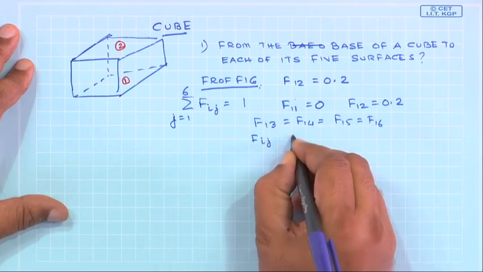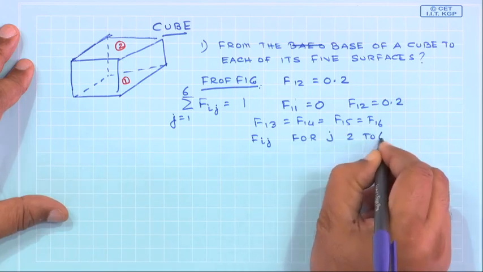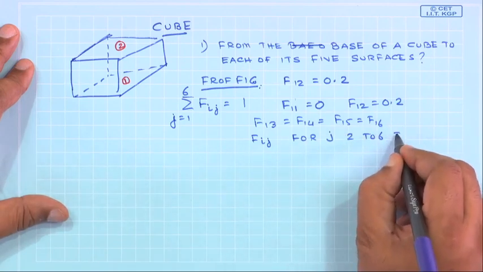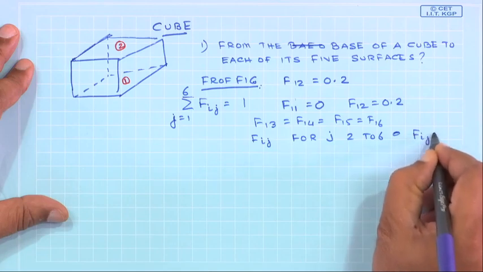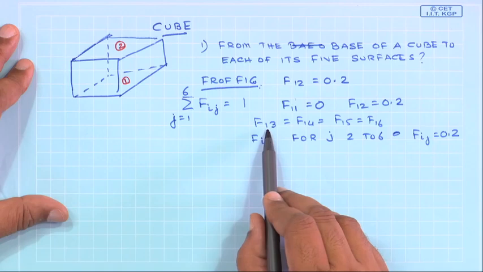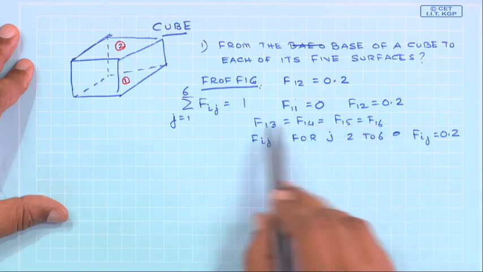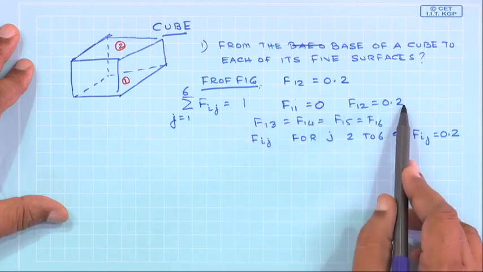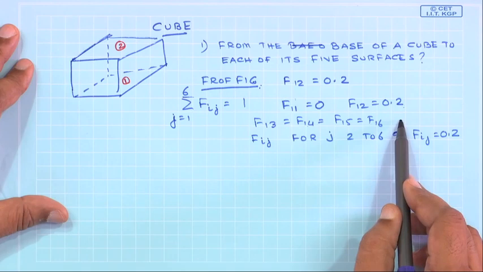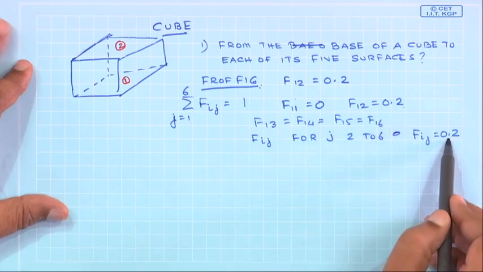Fij for j equal to 2 to 6 should be equal to 0.2. So, F13, F14, F15 and F16, using the summation rule and knowing the value of F12 to be equal to 0.2, and knowing the symmetry involved in a cube, your Fij should be equal to 0.2.